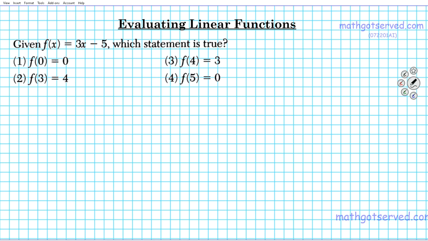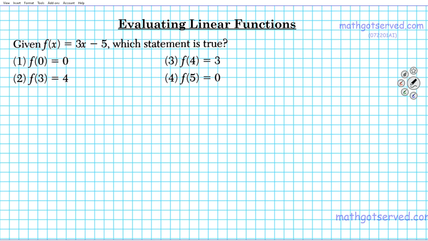In this clip, we're going to be going over how to evaluate linear functions. The question reads, given f of x equals 3x minus 5, which statement is true? Okay, so f of 0 is 0, f of 3 is 4, f of 4 is 3, and f of 5 is 0. Alright, so to do this problem, we're going to be evaluating this function, f of x equals 3x minus 5.